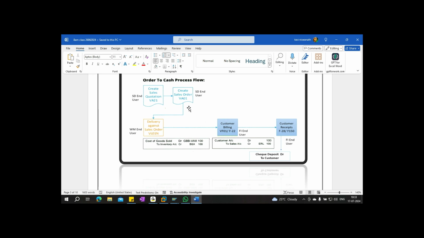Here mention MM or WM. What is MM? Material management. What is WM? Warehouse management. It depends on the company or the size of the company. And customer billing: finance and user take care. And customer receipts, finance and user.